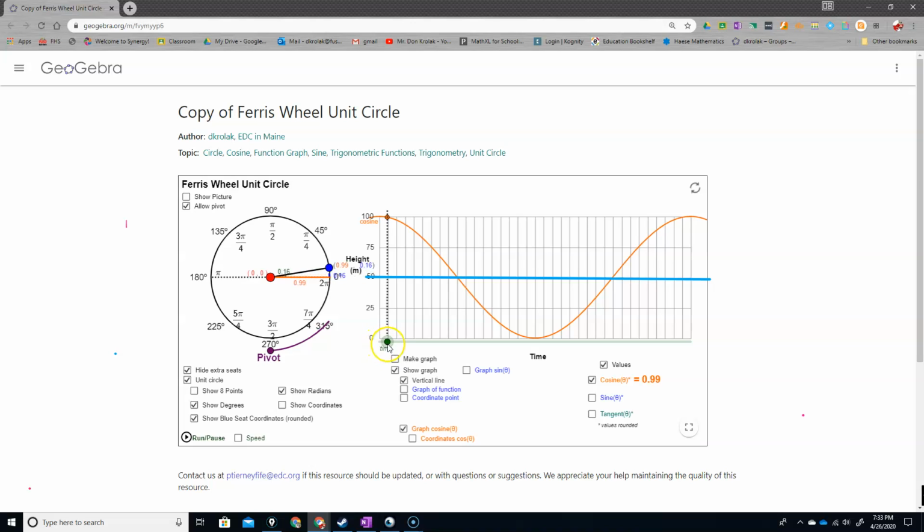Now, as we start to rotate, now we're not as far to the right anymore. And once we reach 90 degrees, you notice that orange segment disappears because we're not right, we're not left, we're right above it. Now, as I move past that 90 degrees, that orange segment starts to get longer, and now it's -1, which means it's to the left as far as it's going to go.